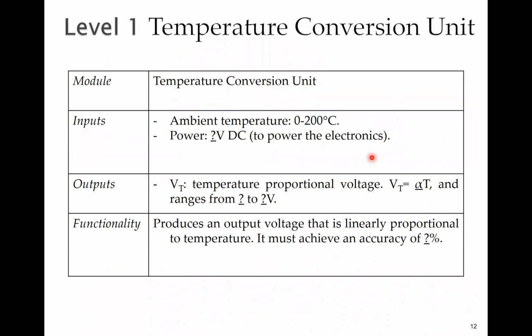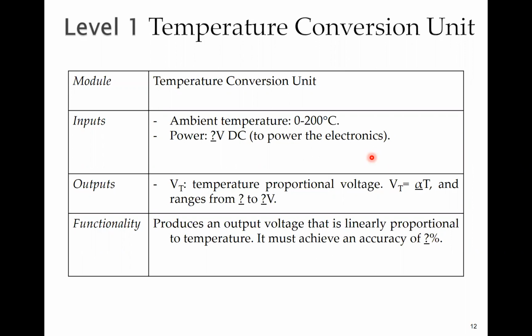So let's see each block then, each module, sorry. The first module is the temperature conversion unit. So the inputs are easy here, ambient temperature and power, which are the inputs to the overall model in level 0 design. The output should be VT.